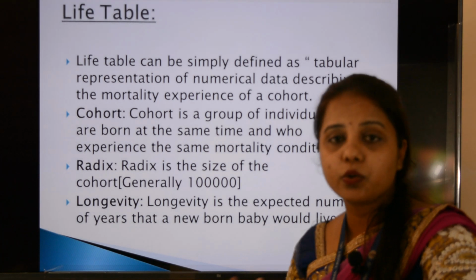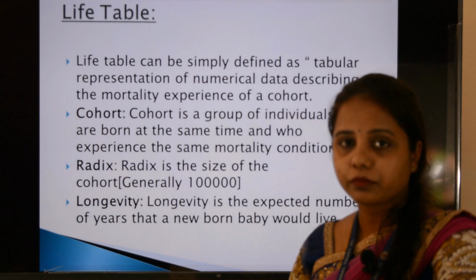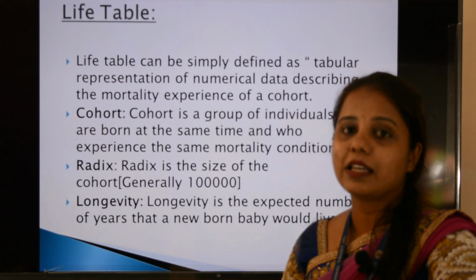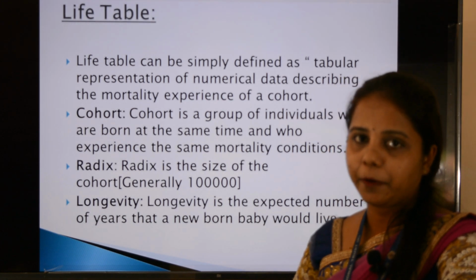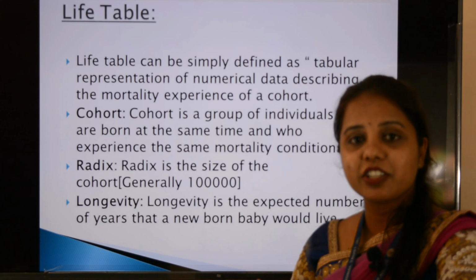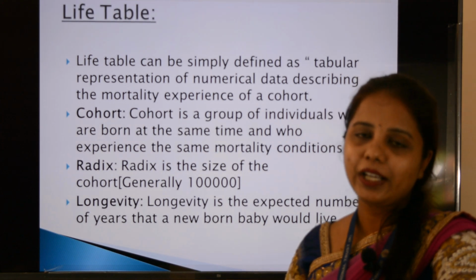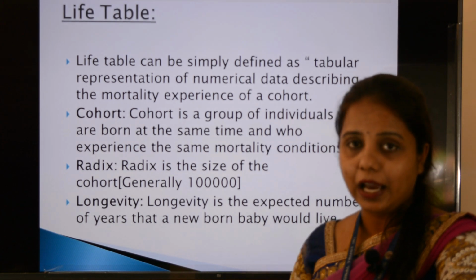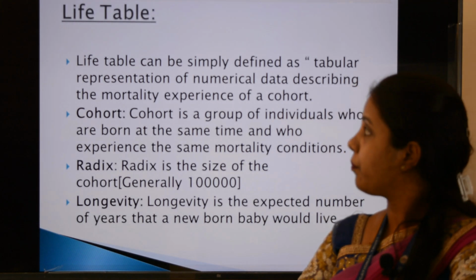Currently, longevity of India is 69 overall. For women, it is 70.4. For men, it is 67.8. That means women on an average are going to live for 70.4 years and men 67.8 years, or on an average about 69 years.